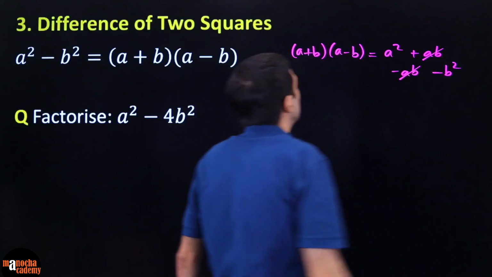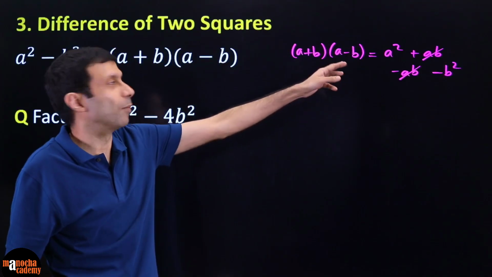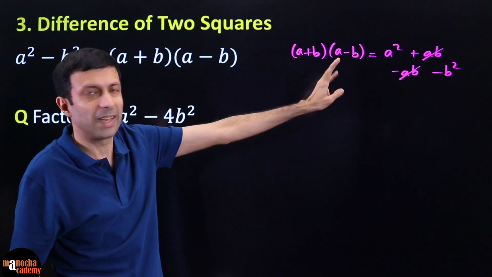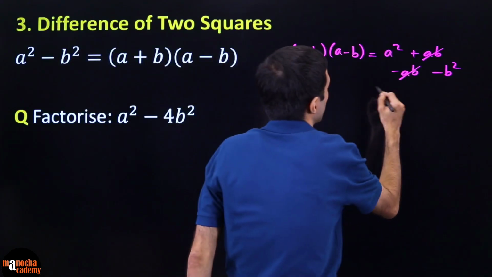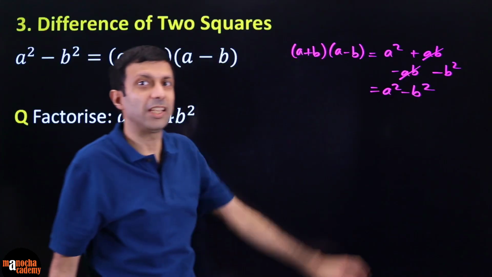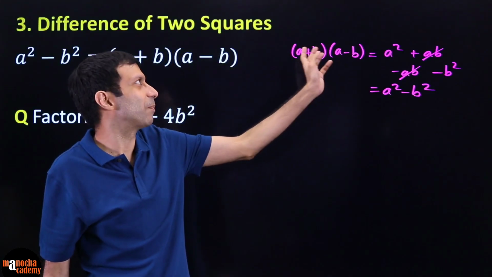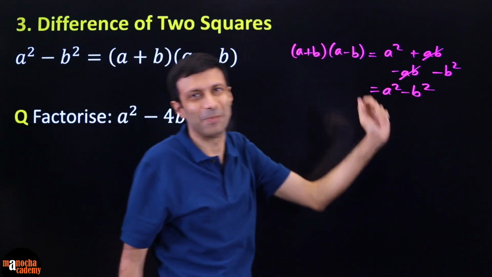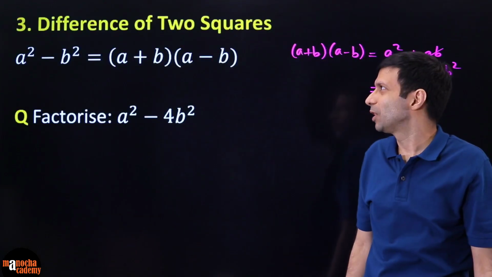So you can see that the ab or minus ba will get cancelled. So this is a square minus b square. So therefore, a square minus b square can be easily written as the product of a plus b times a minus b.